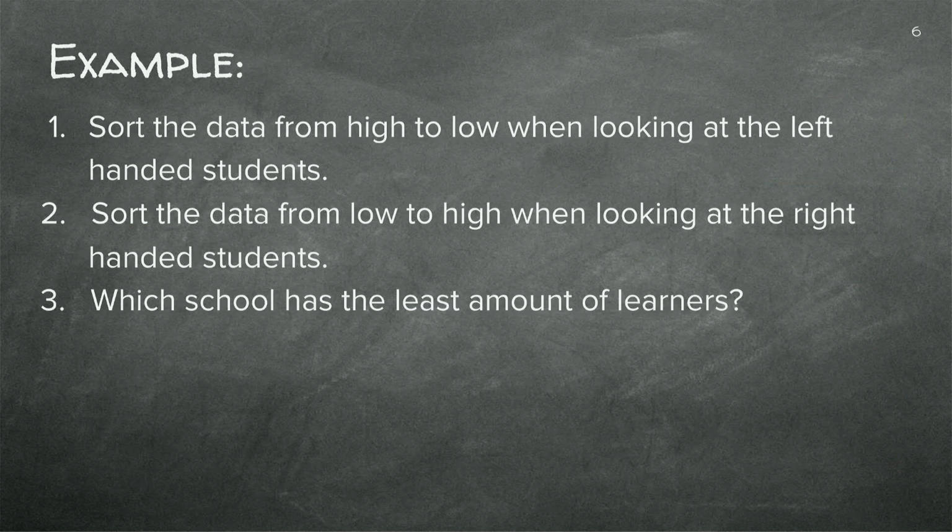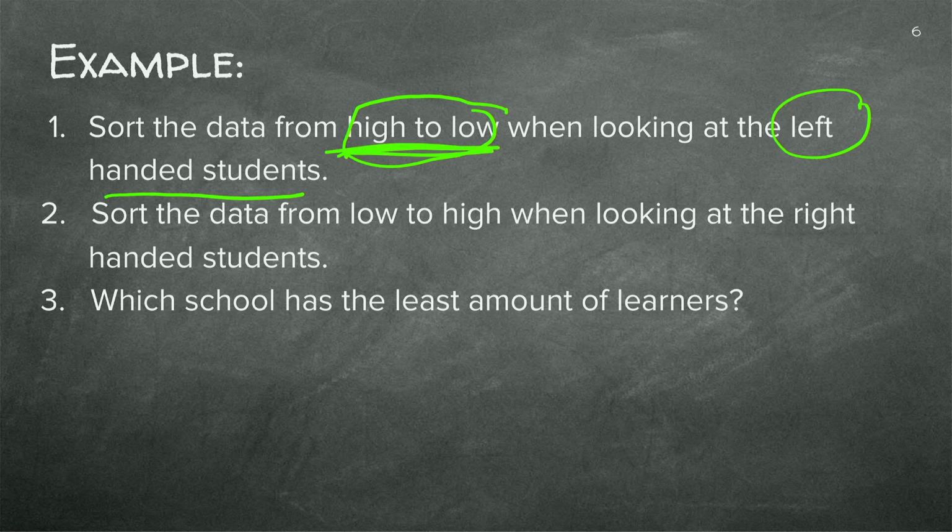Now moving on to the questions. Our first question: sort the data from high to low when looking at the left-handed students. Here you will have to do two things and look out for two things. Firstly, from high to low. This can easily be confused with from low to high.